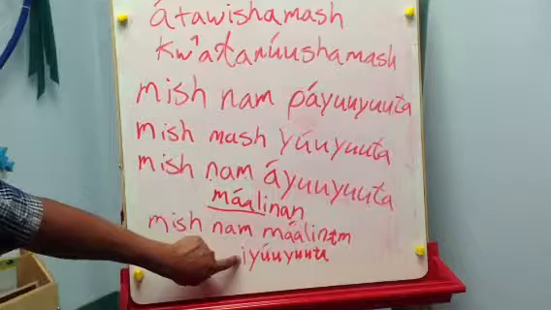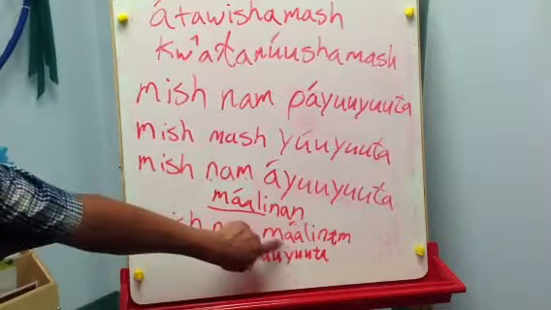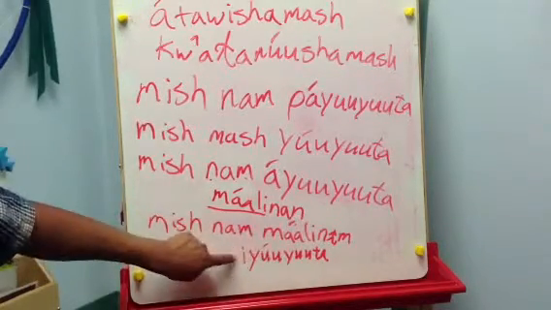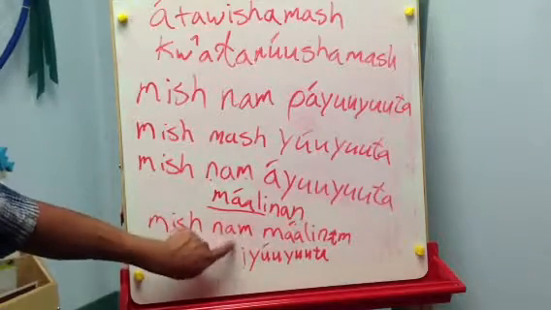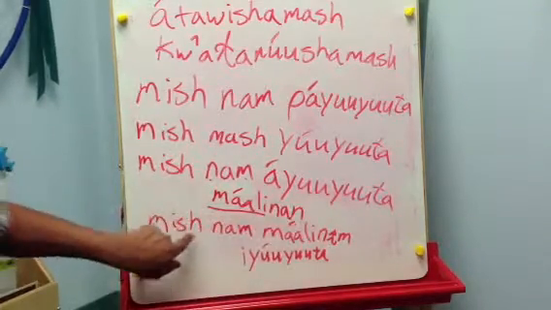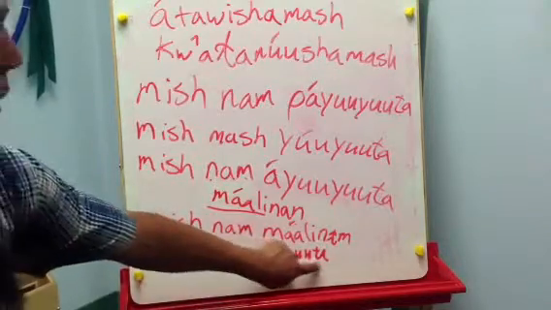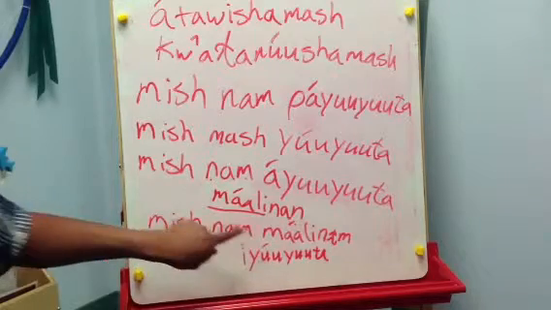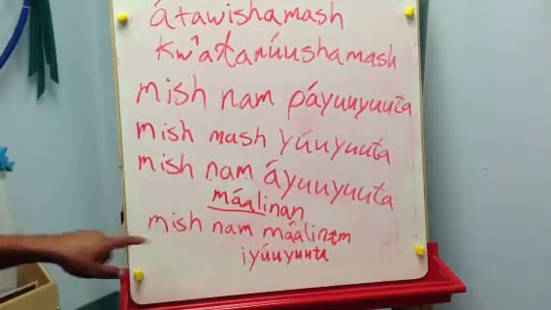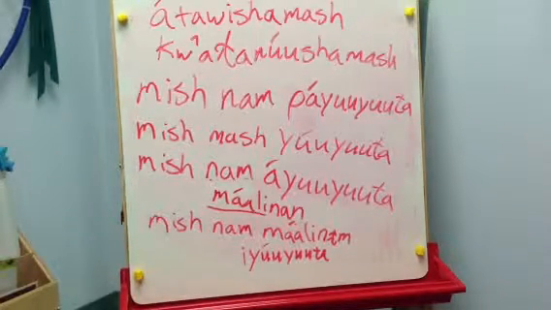So i is saying he or she, and then Malinum is saying this is the he or she, is Mali, and the num is who. It's called, will. The ta is the future tense, so will Mary call you? Mishnam Malinum iyuyuta.